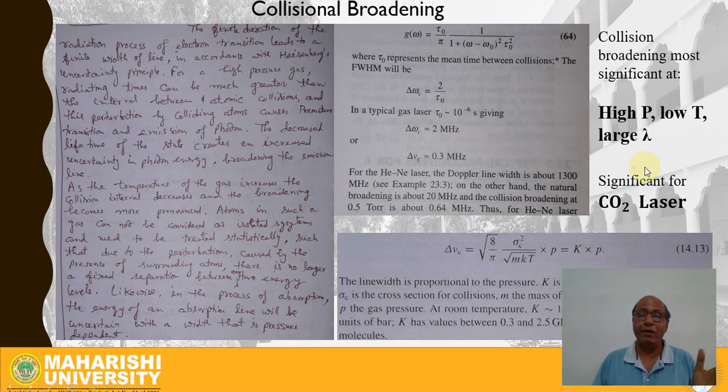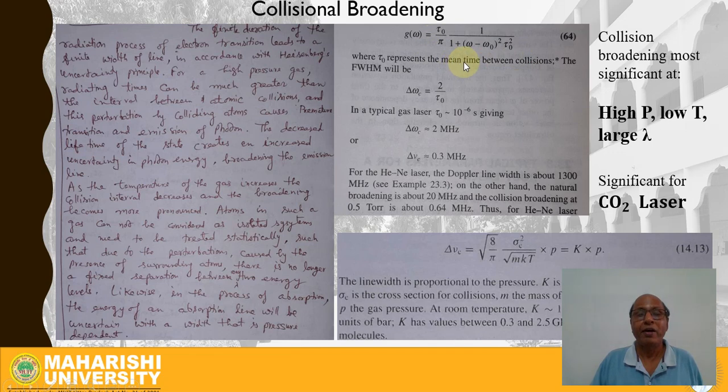Now I will just give you an example for a helium neon laser, as you can see here. Just a moment. First, let me tell you about the line shape factor for the collisional broadening. In collisional broadening, the line shape factor is predominantly a function of the inverse of collision time, because it is tau zero square.